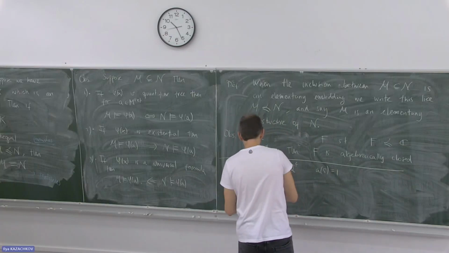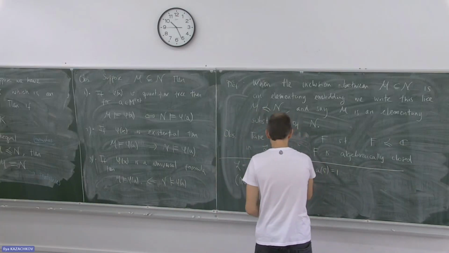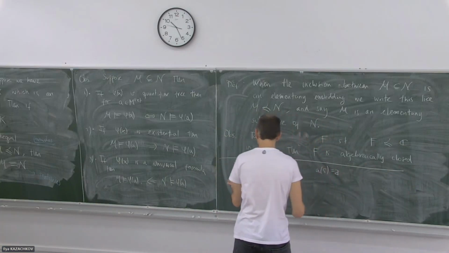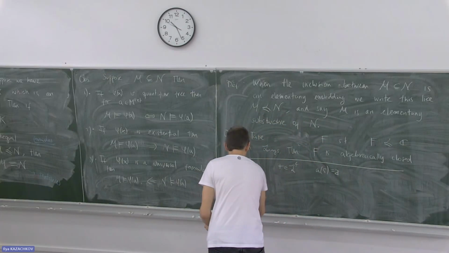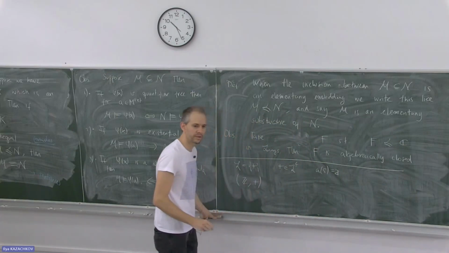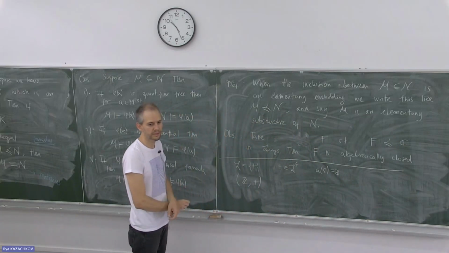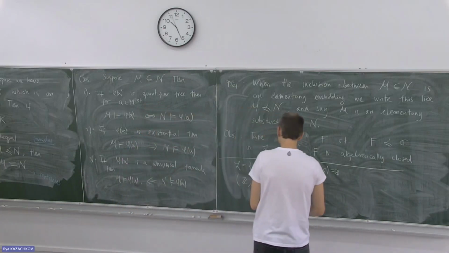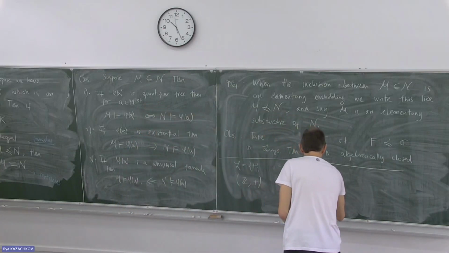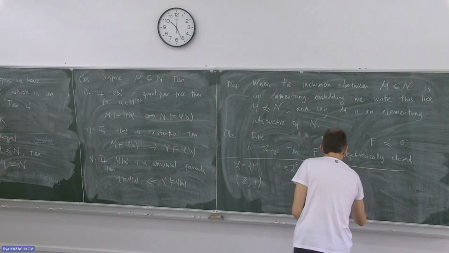I want to take plus, and the arity is 2. And I want to take just Z with plus, right? I have a substructure which is this one.